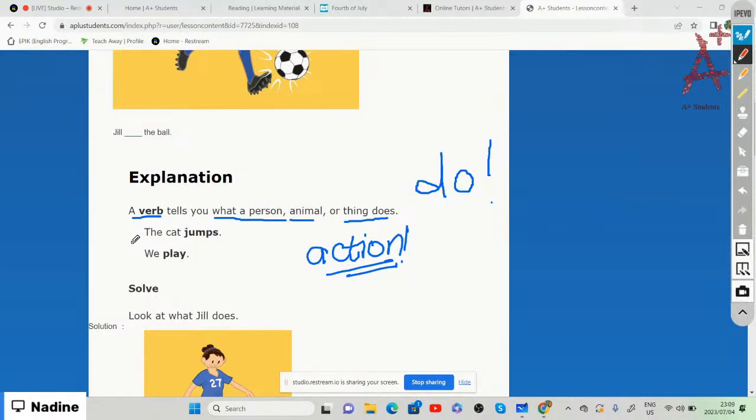So basically, what did the cat do, right? All right, so if you said the cat jumps, then jumps is correct because that is the action that the cat is doing. So that is the action. The cat jumps.